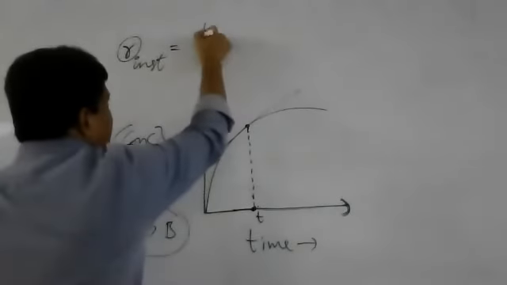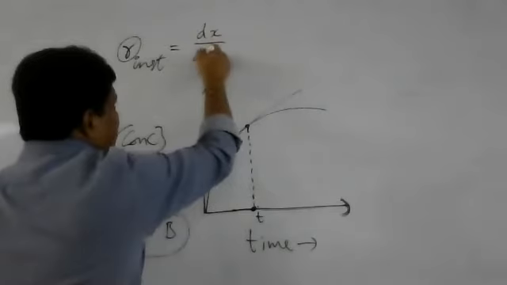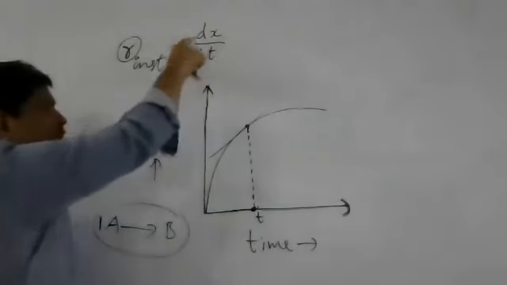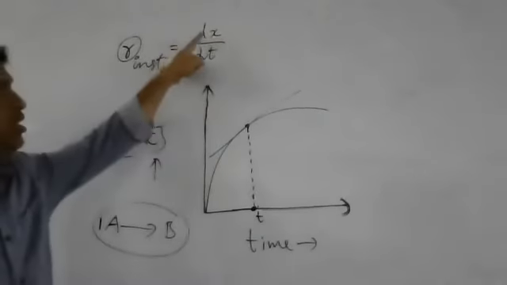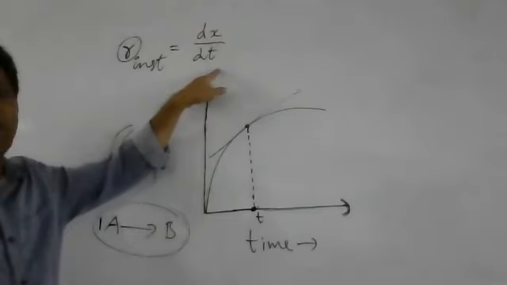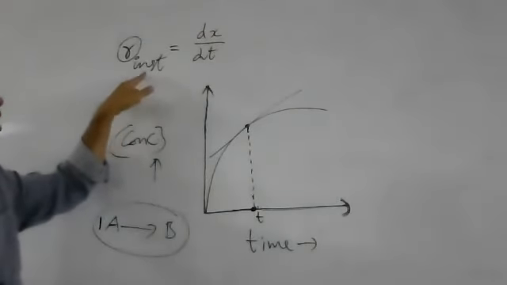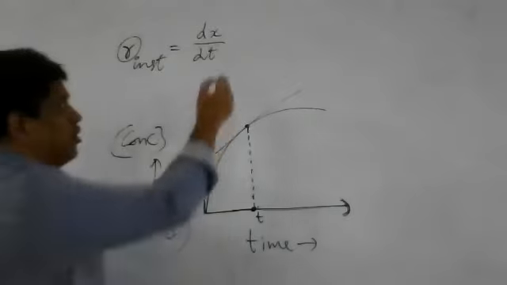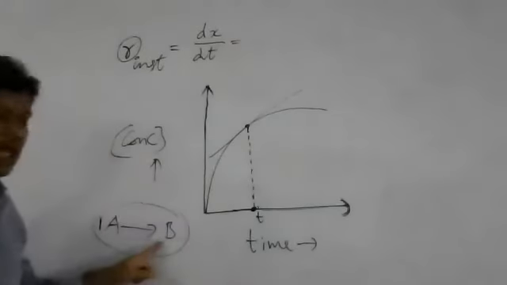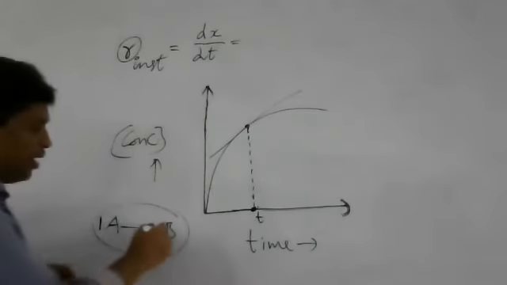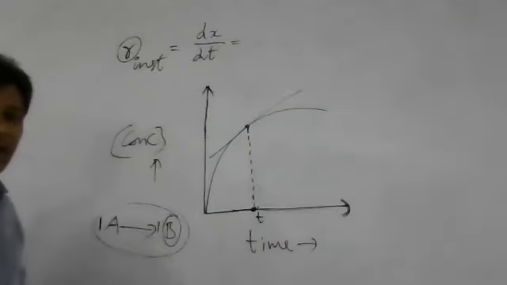Rate instantaneous is equal to again what? dx by dt. dx by dt means what? The small change in concentration by a very small change in time. Instantaneous rate of reaction is equal to, how to represent, plus sign or minus sign here? Plus sign. Here how many moles of B are taken? 1 mole.